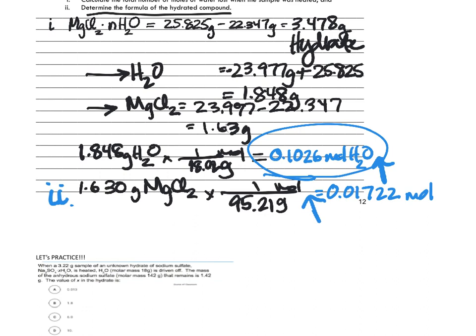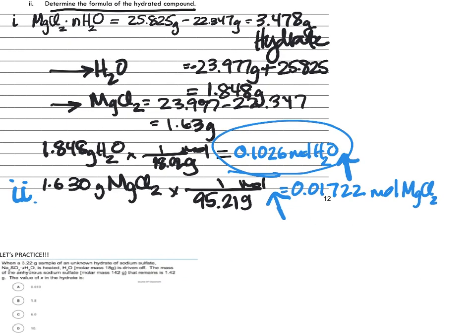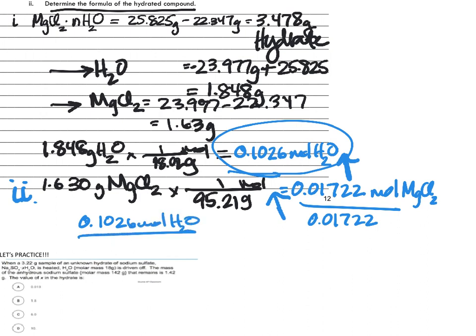No, and the nice thing about ratios is we can do whatever we want to them as long as we do it to both parts of the ratio. The easiest thing to do is to divide by the smallest number of moles. That's going to give us 1. So I'm going to divide 0.1026 moles of H2O by 0.01722 moles of MgCl2.